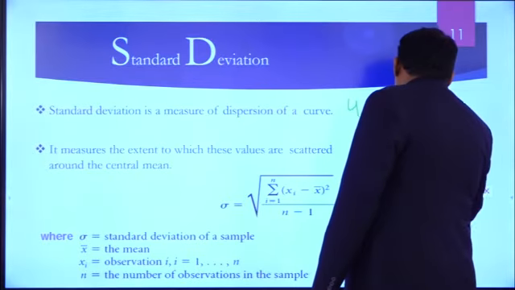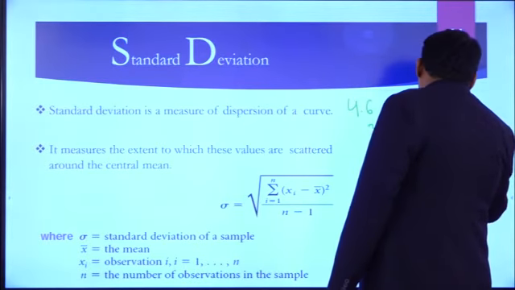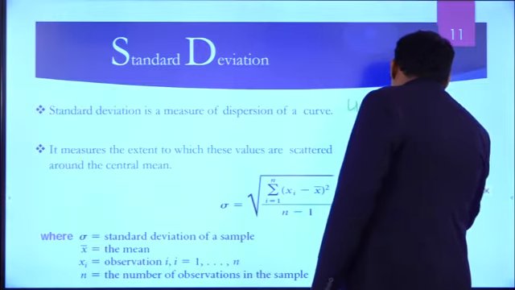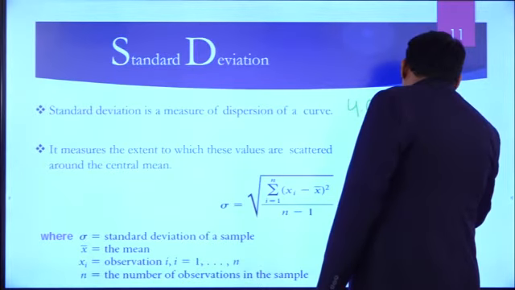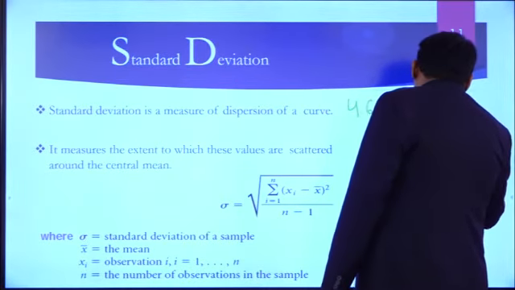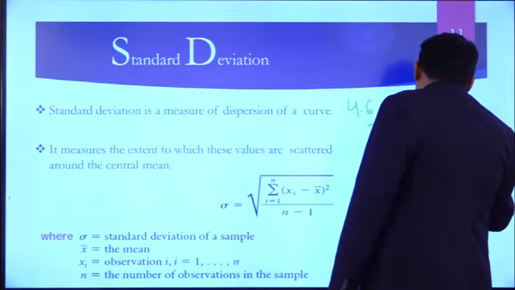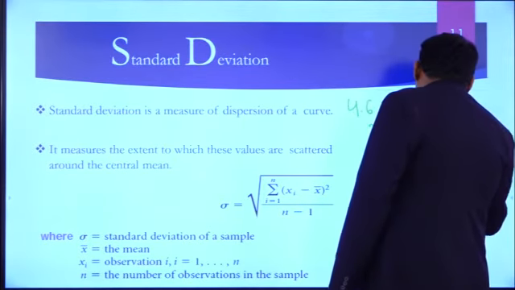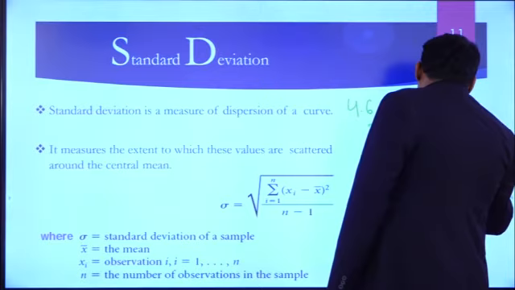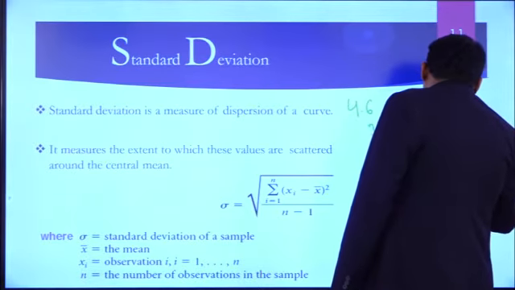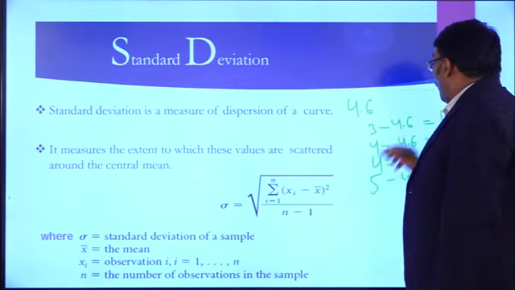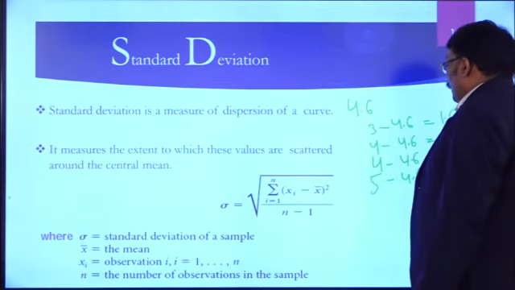Next, 4 minus 4.6 is minus 0.6, again 4 minus 4.6 is minus 0.6, then 5 minus 4.6 gives 0.4.